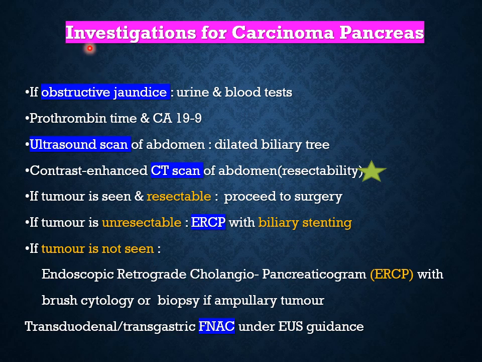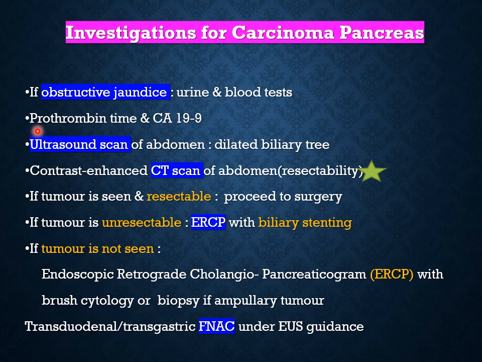The investigation for carcinoma of the pancreas is as follows. If the patient has obstructive jaundice, then urine and blood tests should be done to confirm. You must do a prothrombin time and the CA 19-9.